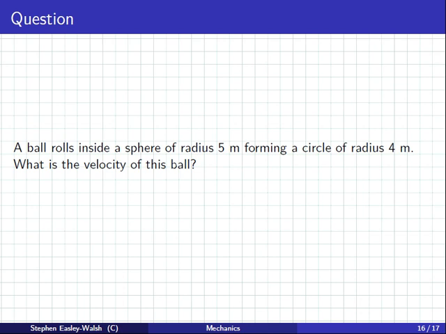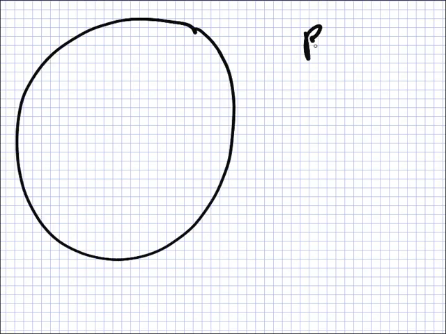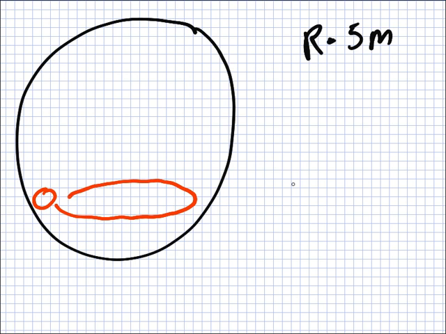A ball rolls inside a sphere of radius 5, forming a circle of radius 4. What's the velocity of the ball? So, what you have here, you have this big sphere of radius 5 meters. And then on the inside of it, like here, you have a ball rolling around the inside. And that makes a radius of 4 meters.